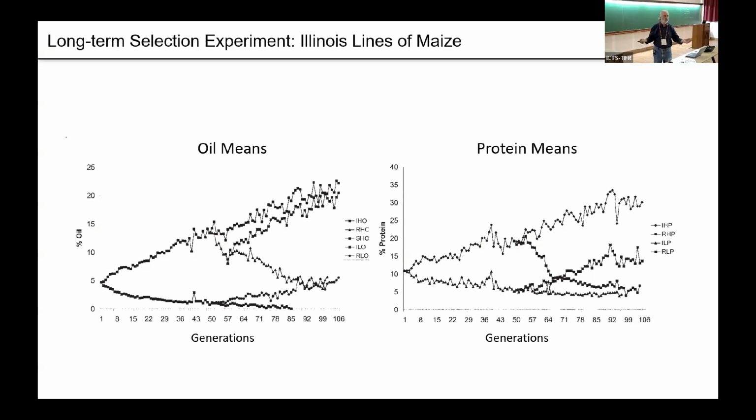You can't have corn with less than 0% oil, so we're asymptotically approaching 0. This looks better on a log-log plot. And then they've got 4 other lines for protein, increased protein and decreased protein. It's hard to make it as an organism without protein, so that's never going to go to 0.